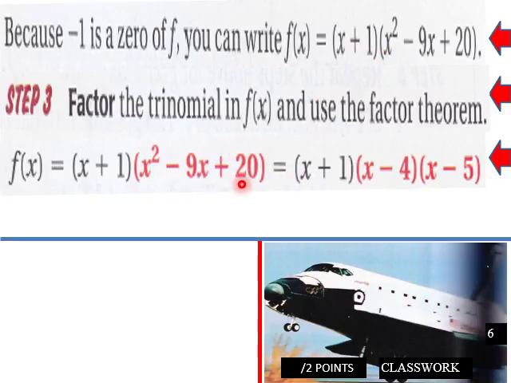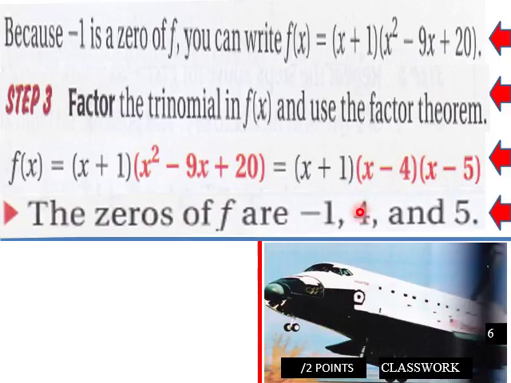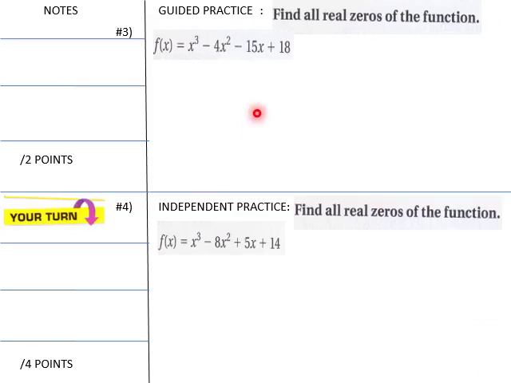We have this trinomial left, and then this can be factored now into these two binomials. So we have our other zeros, negative 1, and then 4, and then 5 would be the zeros of that polynomial.